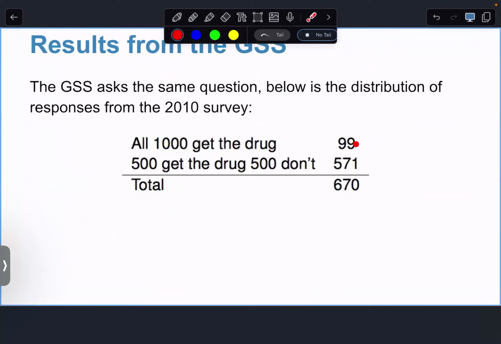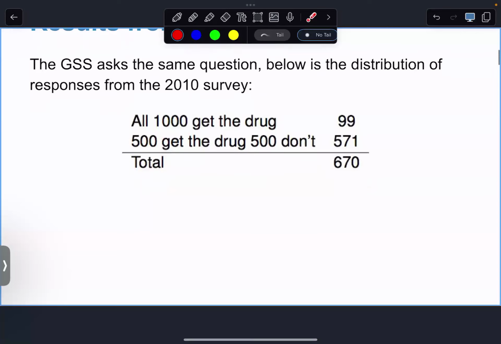So 99 people out of 670 said that all 1,000 should get the drug, and that's the best way to test this thing. Whereas 571 out of 670 said 500 should get the drug and 500 don't. So we're going to phrase that as 571 out of 670 had kind of good intuition about proper sampling.